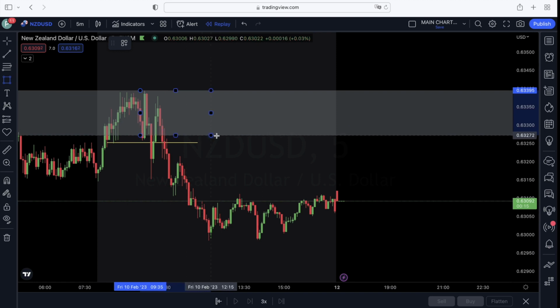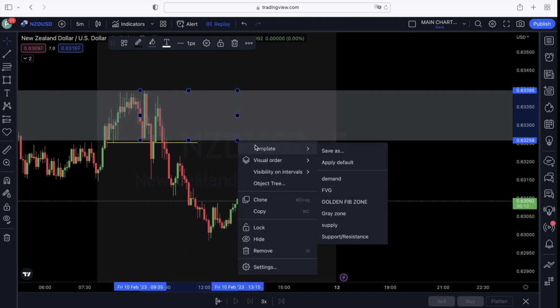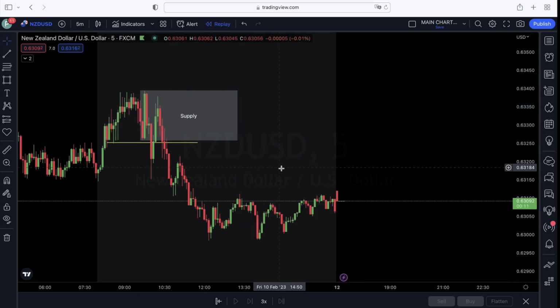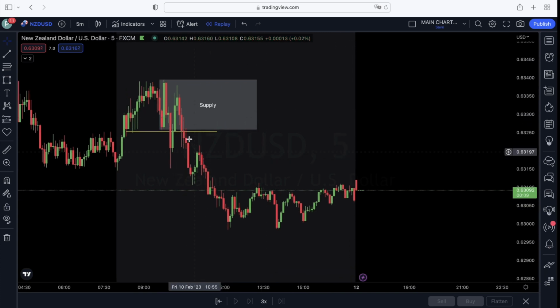All right, the last up candle before it broke structure is going to be our supply zone. Okay, so basically, let me show you.